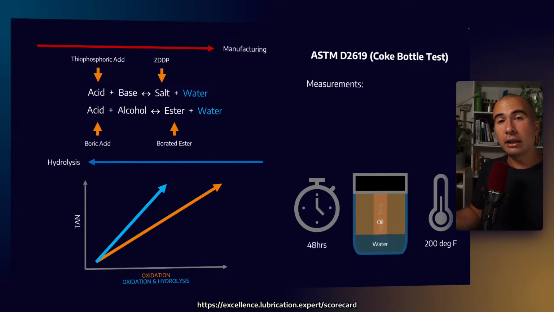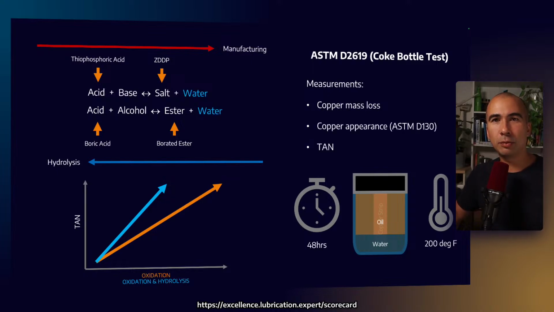Okay, the other thing that can happen is that if we get water contamination into our oil, it experiences something called hydrolysis. So this is the interaction of both oil as well as additives with water, and it will cause an increase in the amount of acids in the oil.